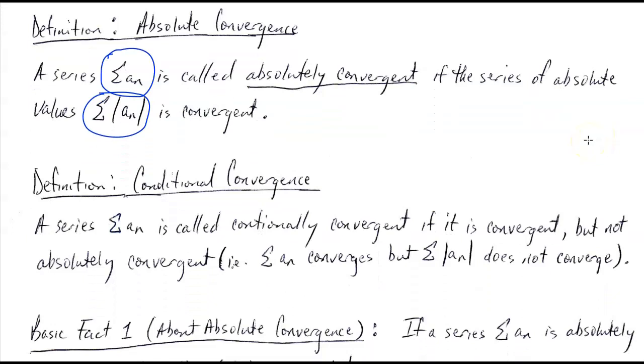Now, for conditional convergence, a series that's composed of this sequence a sub n is called conditionally convergent if it is convergent but not absolutely convergent. Okay. Now, what does that mean?